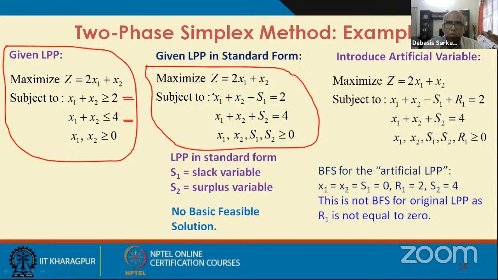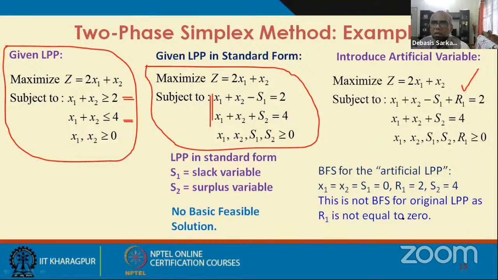If you have two equations, you can solve only for 2 variables. If I say x1, x2 equal to 0, s1 becomes -2, which is not possible. Introduce artificial variable. Now I have two equations, 5 variables. I can solve only for 2 variables.